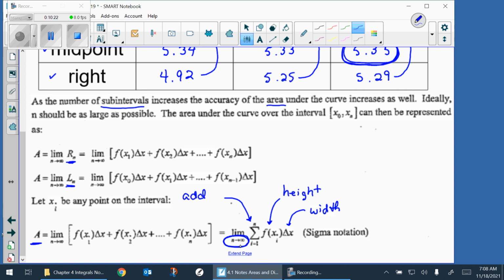Now, that's going to be pretty tough for us right now. The calculator can't even do an infinite number with what we've been doing with this program. But our goal to get the most accurate possible estimate for the area under the curve is to make an infinite number of rectangles and add their areas together.